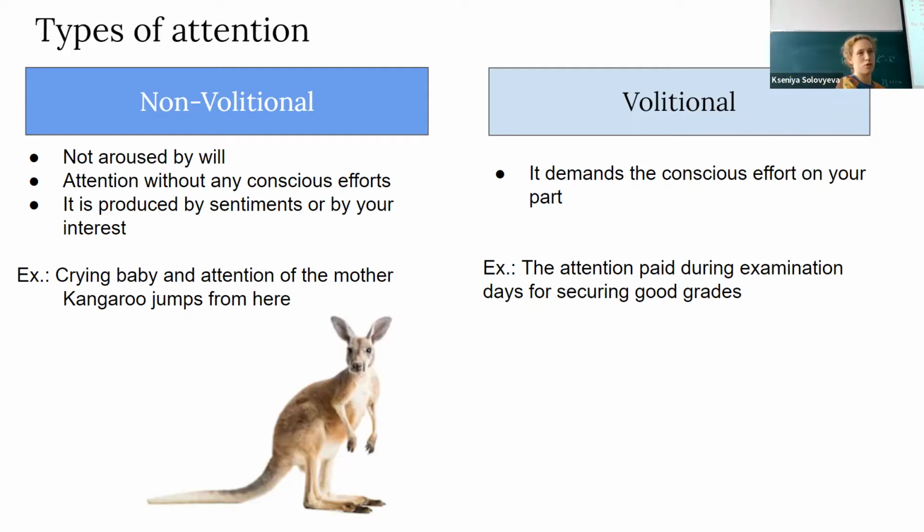When you're a mother, for example, and your baby is crying, you pay attention to the baby, and this is a non-volitional type of attention. And when you are a student, for example, and somewhere a baby is crying, and you try to focus on your lecture, on your exercises, examination, this is volitional type of attention.